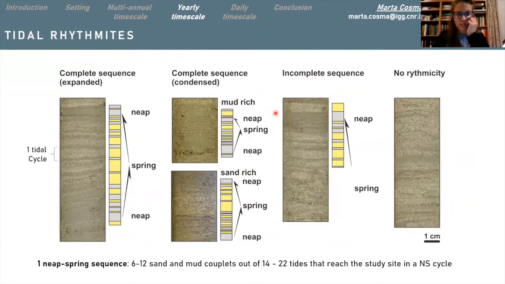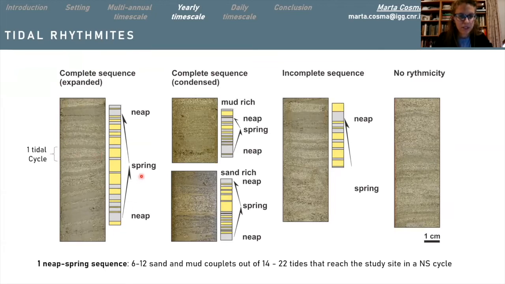So this is how tidal rhythmites look in the study bar. One tidal cycle is registered in a couplet of sand and mud lamina because we are in the upper-intertidal zone and the low tide does not affect this area.